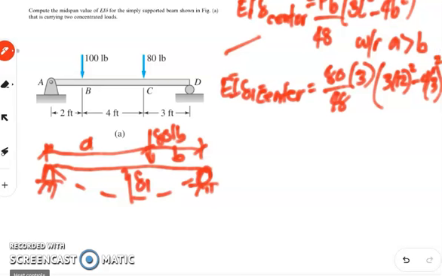If we simplify this, we get a value of 1,035 pounds cubic feet. So this is due to the 80 pounds concentrated load.